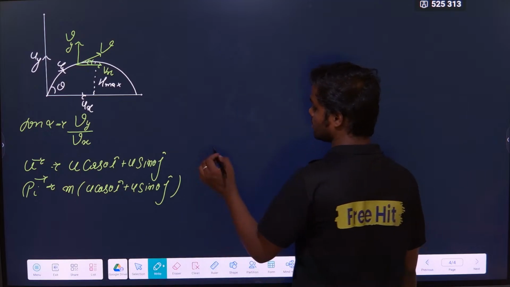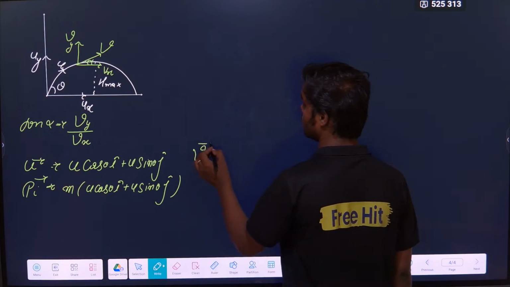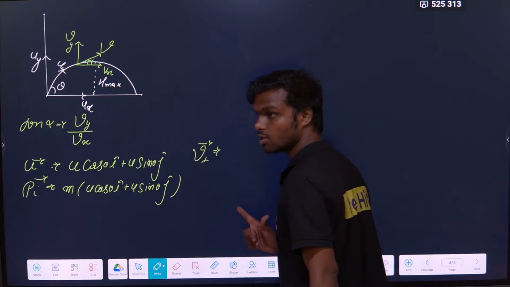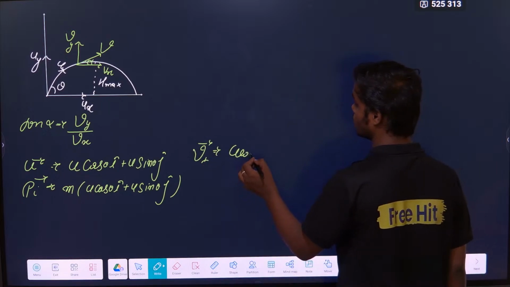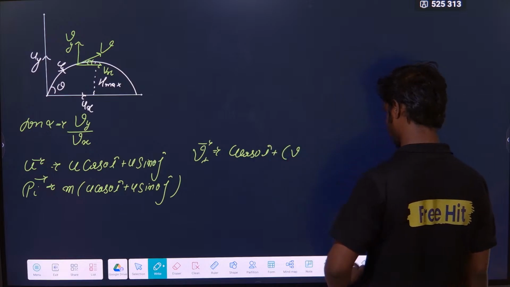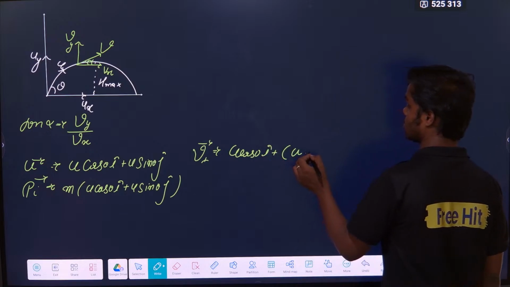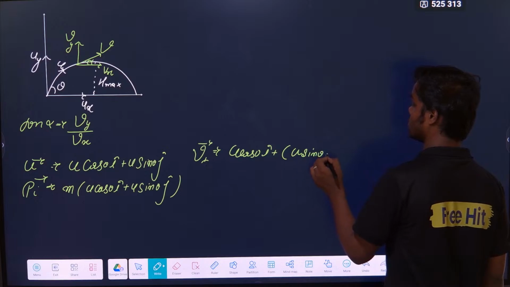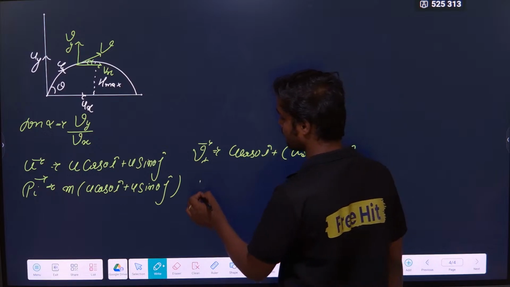Then the second thing, the final velocity as a function of t, what will it become? I have told you, that is u cos theta i cap plus, sorry, (u sin theta minus gt) j cap, correct?